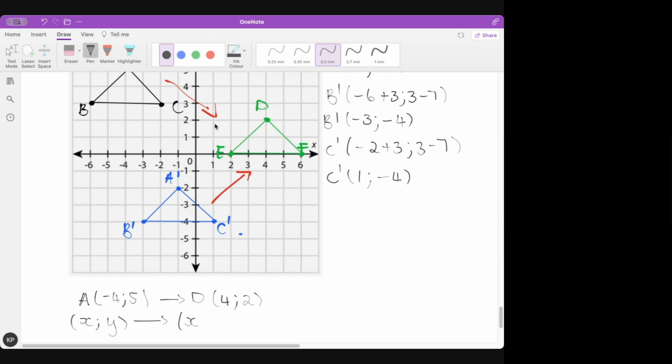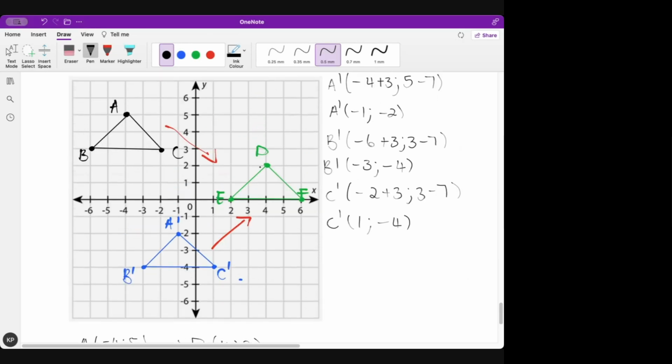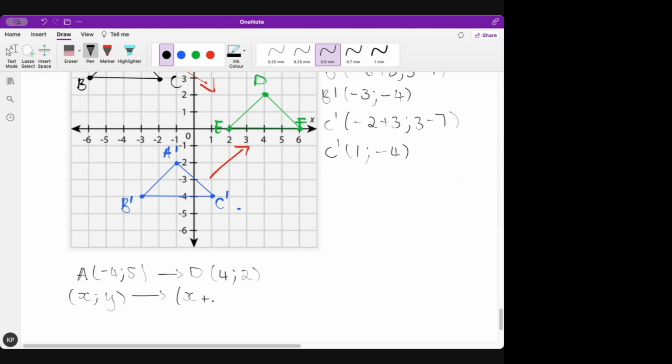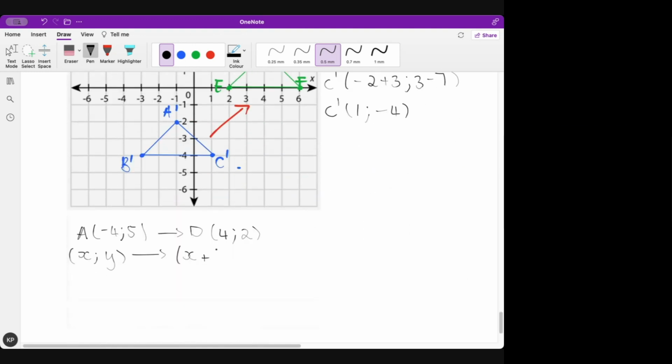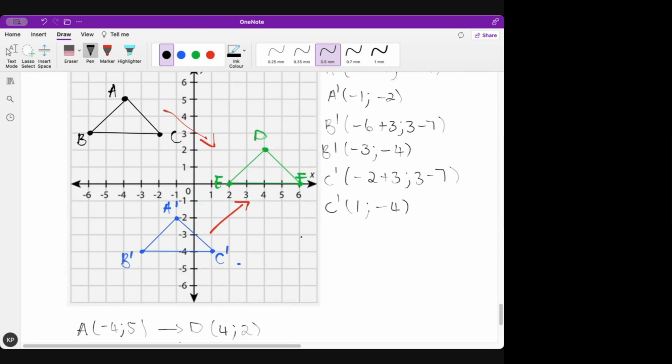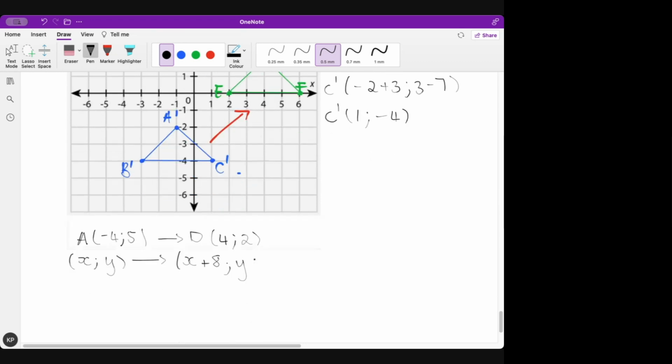It's plus, right? It moved from A to there. So that's plus. And how many times did we move? 8. Thank you. And my Y, is it plus or minus? My Y is minus. Let's see. 1, 2, and 3.